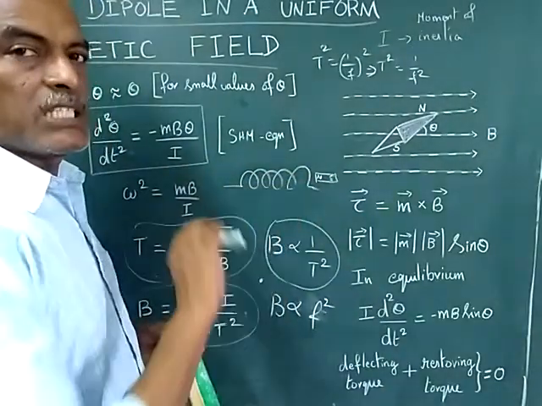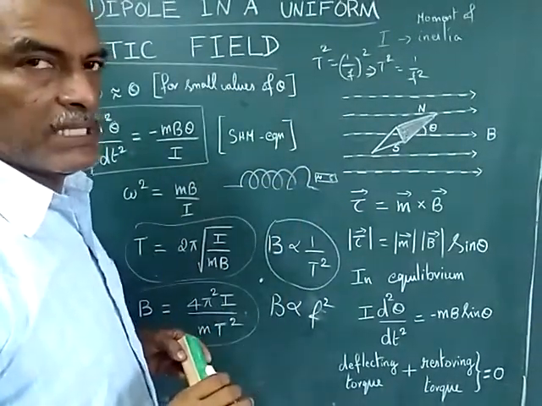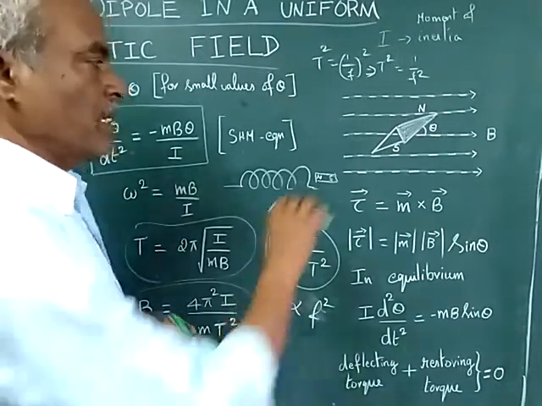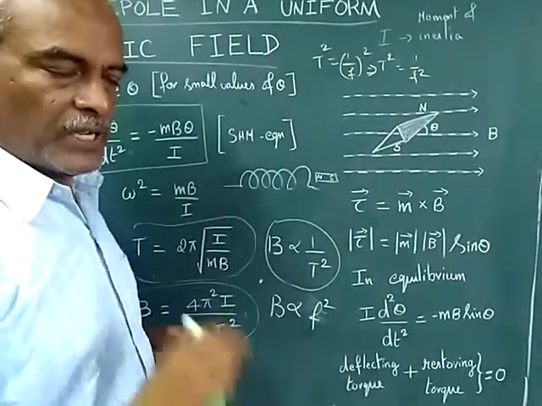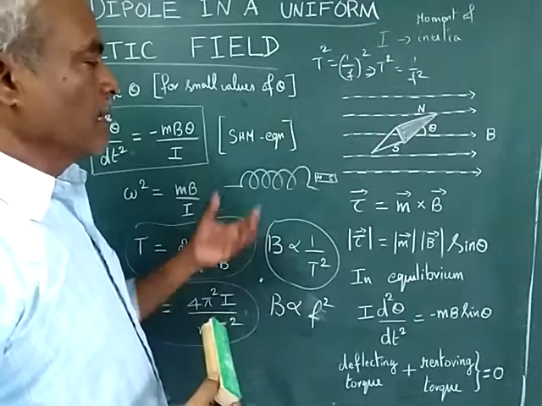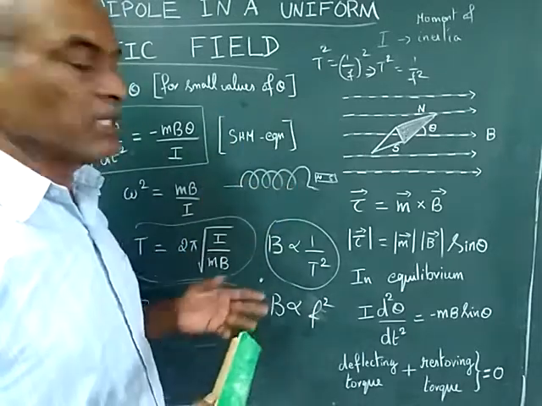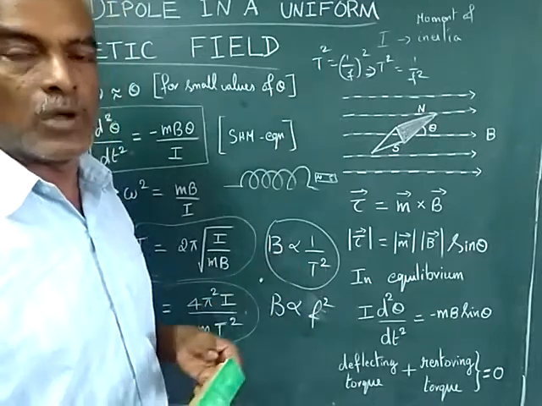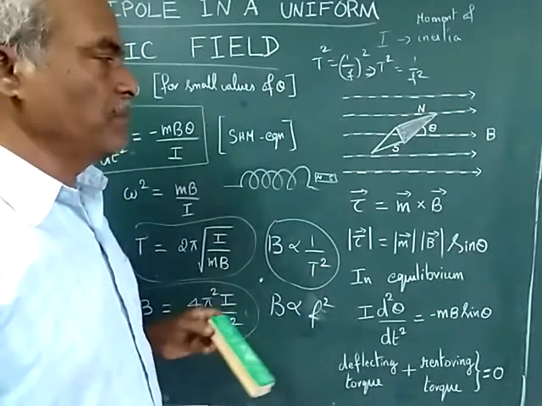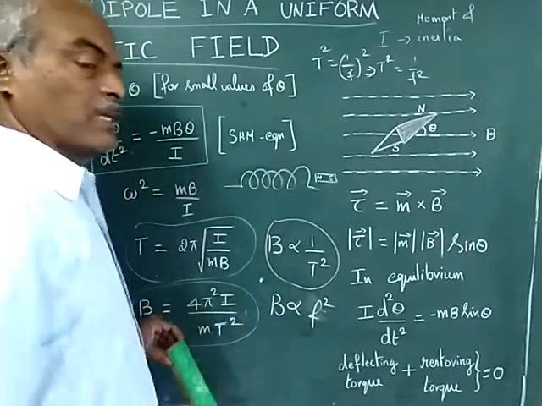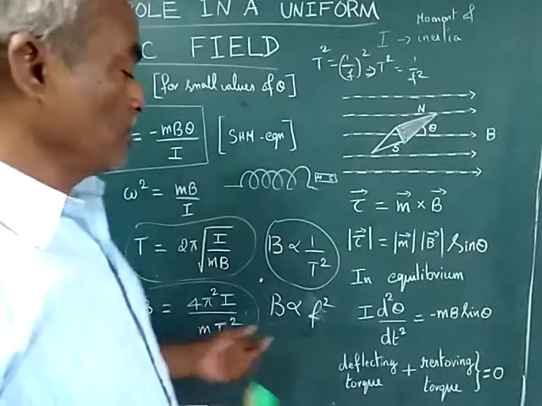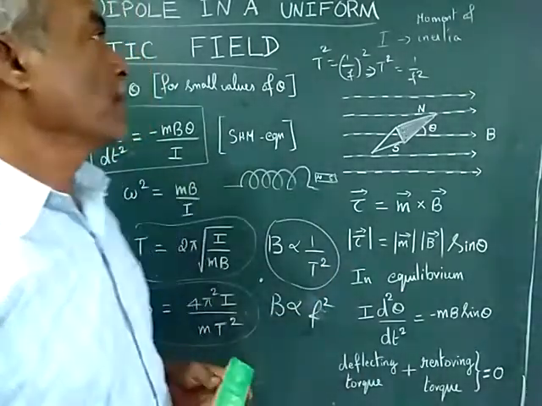If you increase the speed, that is the frequency, the voltage induced in the coil will also increase. That means the magnetic field created will also increase. That's the meaning. Therefore, the magnetic flux density is directly proportional to frequency square.